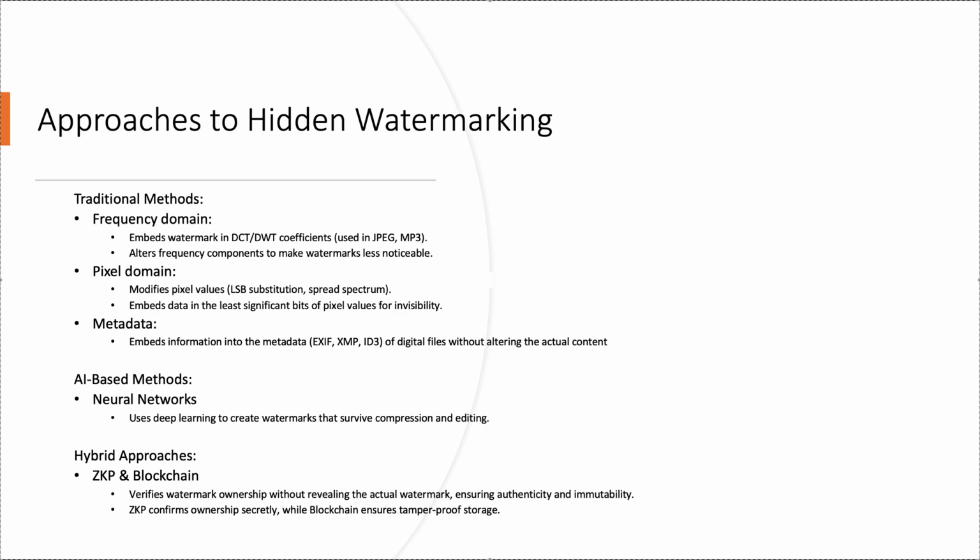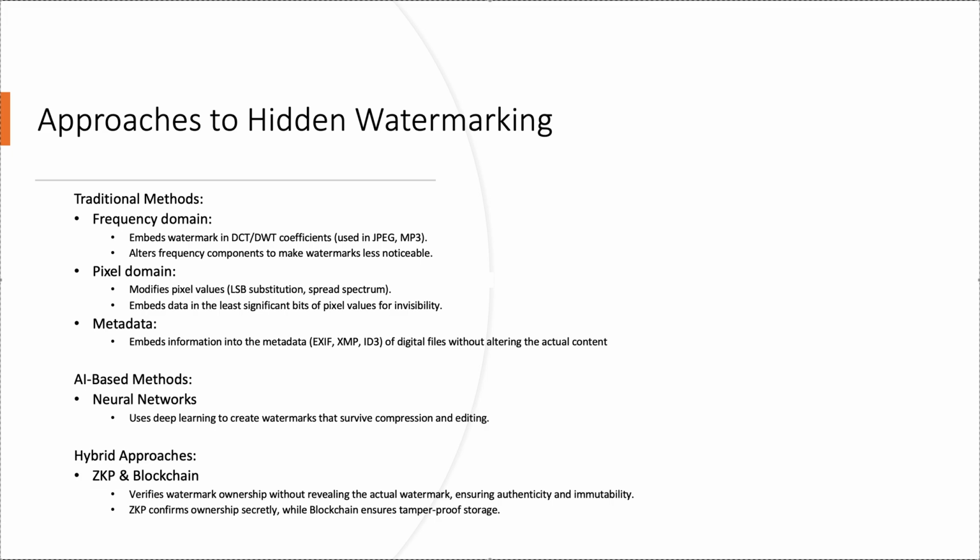Now let's talk about AI-based methods, which represent the cutting edge of watermarking technology. Deep learning and neural networks have revolutionized this field. Instead of relying on handcrafted algorithms, we train neural networks to learn how to embed and extract watermarks optimally. What makes this remarkable is that these AI models can create watermarks that are incredibly resilient.